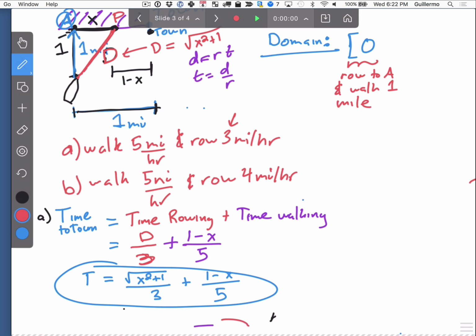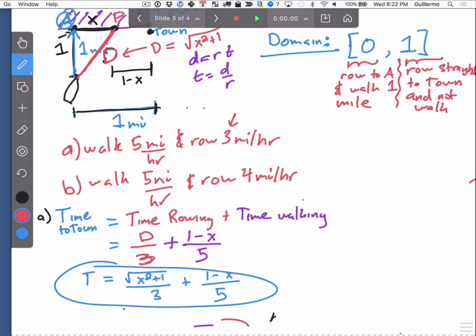What would be the other endpoint? It would be 1, right? And what does that correspond to? This is if you row straight to town, and not walk. And what's the other option?